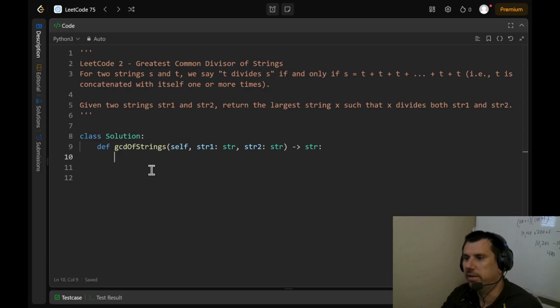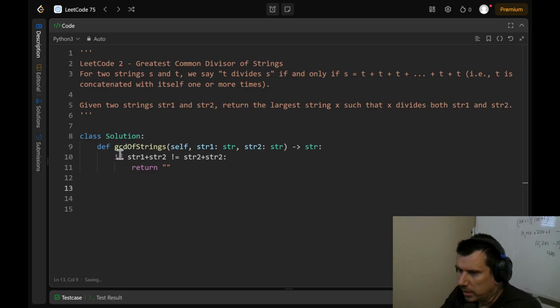And so if they're not, then you can say that there's at least one letter that differs, and so there's no base that divides them both. And so what that means in terms of code is that if you did string 1 plus string 2 not equal to string 2 plus string 1, then you can return this, because if this, what is essentially the commutative property of string concatenation, doesn't hold, then you know that there's no common base that generated both strings.